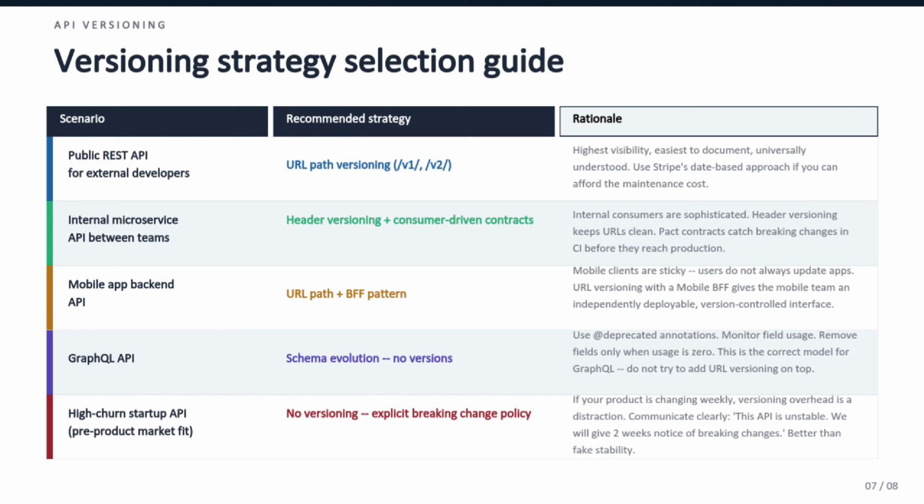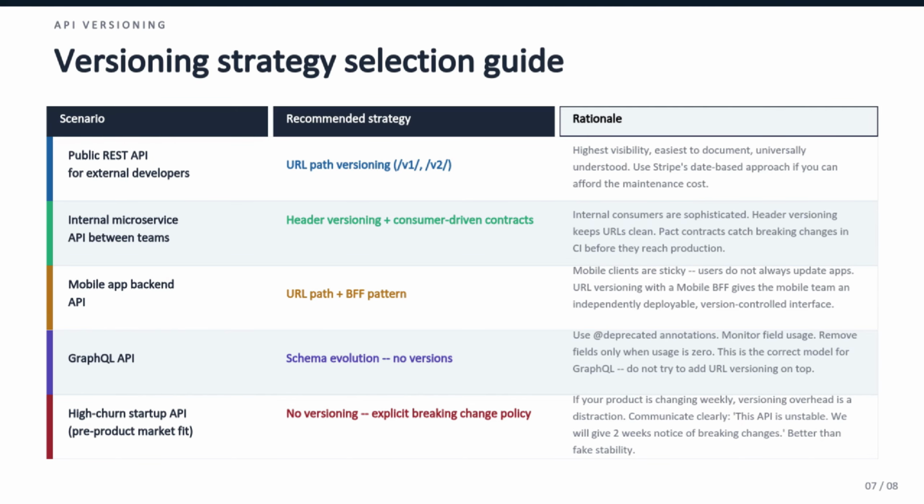Now scenario 2. Internal microservice APIs inside the same company. So backend teams talking to backend teams. Here, I personally prefer HTTP header versioning combined with consumer-driven contract testing. HTTP means Hypertext Transfer Protocol, and consumer-driven contracts are tools like Pact.